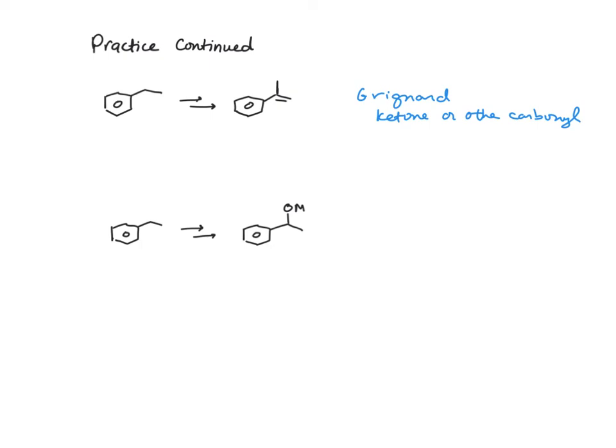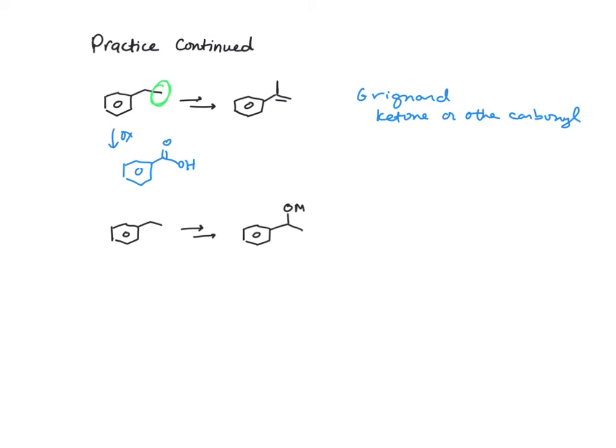Now, the only way that we know how to install a carbonyl here is to use our oxidizing agents to form a carboxylic acid. But note what that's made us do. We've lost this carbon atom, this methyl group. So that means we're going to need to install 2 methyl groups again to get to our product, which has 2 methyl groups here.